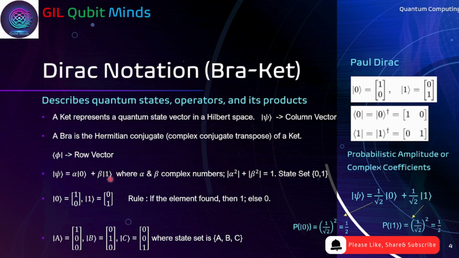For getting 1, it is beta square. So the probability of 0 Ket is 1 by root 2 whole square, equal to half. The same for 1, this is also half, which means there is a 50-50 chance of getting 0 and 1. So we call it a superposition. The state is in a superposition state.